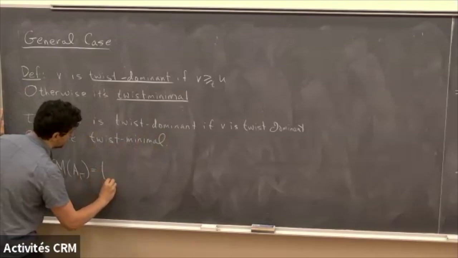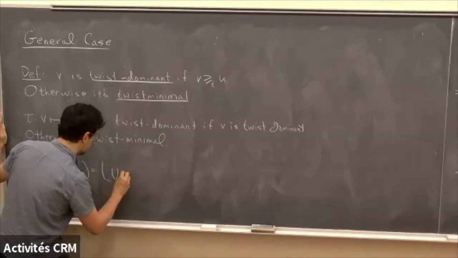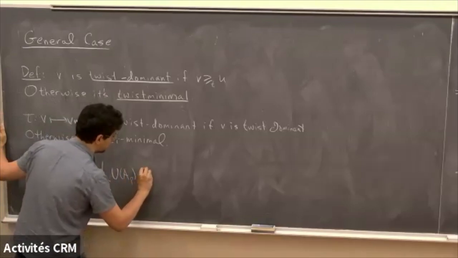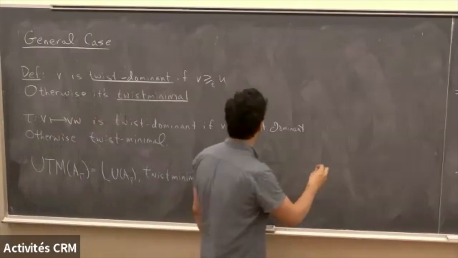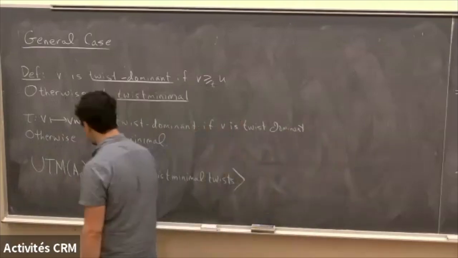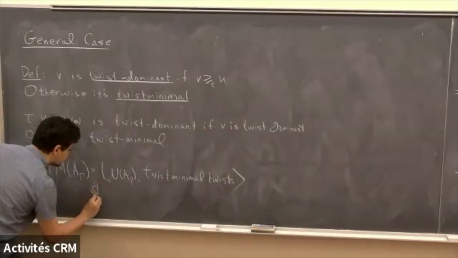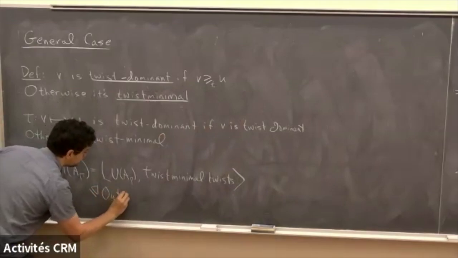which is generated by U of A gamma and just all of the twist minimal twists. And it turns out that this is normal. This is always normal in Out of A gamma.